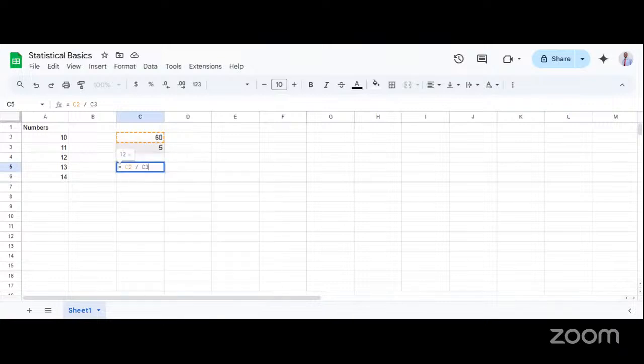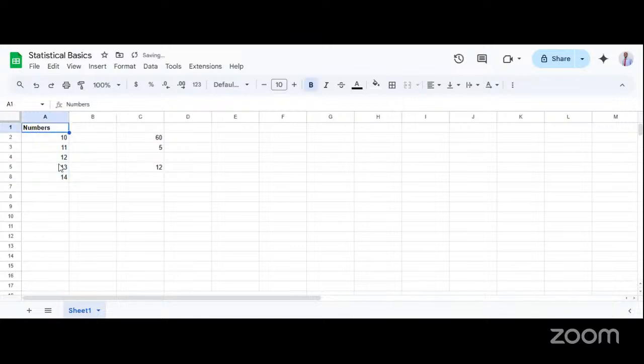So I'm now referencing the cell that had the count of all the data points. If I input this now, the mean formula is now telling us that it is 12. So the mean in this range of numbers is 12.